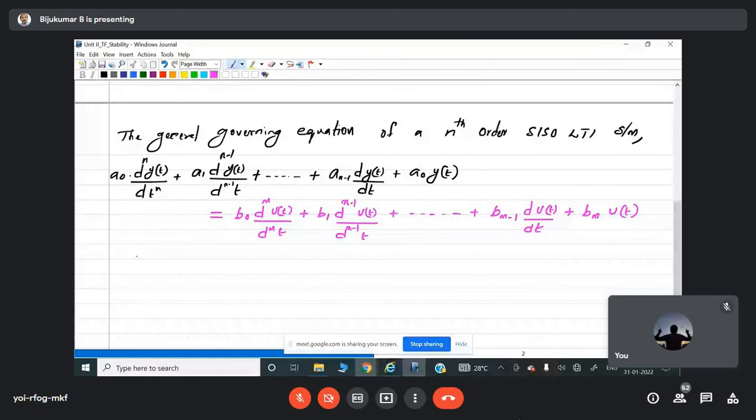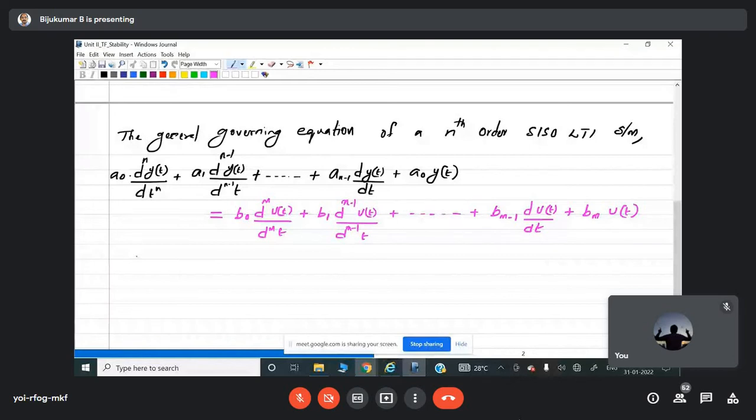We can write the transfer function as Y of s divided by U of s, which is equal to b naught s power m plus b1 s power m minus 1 plus etcetera, up to b m minus 1 s plus b m, the whole divided by a naught s raised to n plus a1 s raised to n minus 1 plus etcetera, up to a n minus 1 s plus a n.